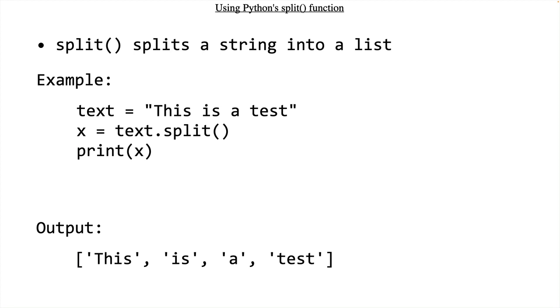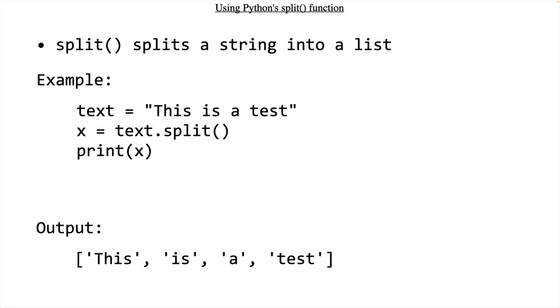So if we call split with no arguments, that means split on white space. White space is one or more characters that cause an effect for us to see white space.